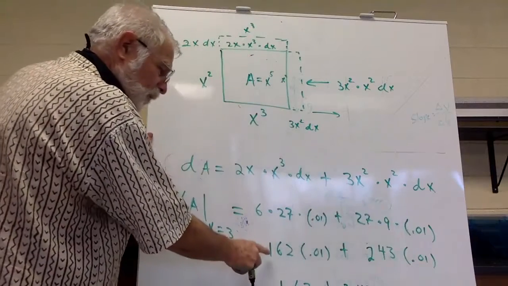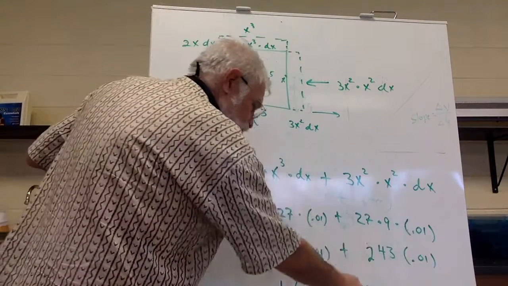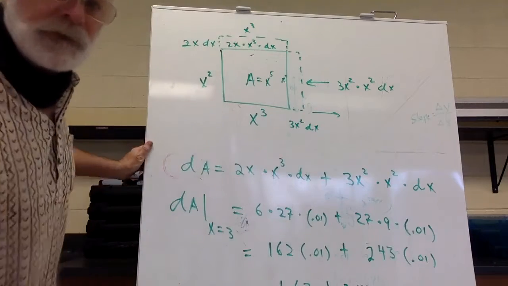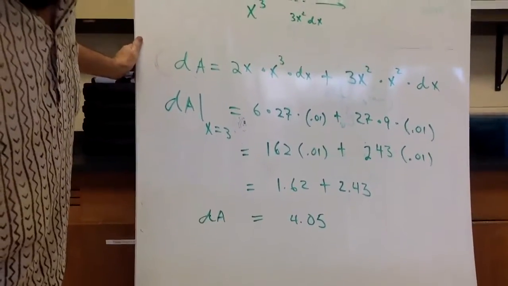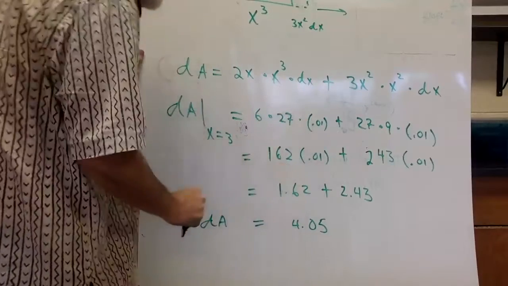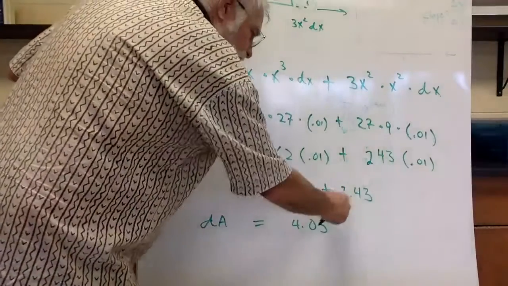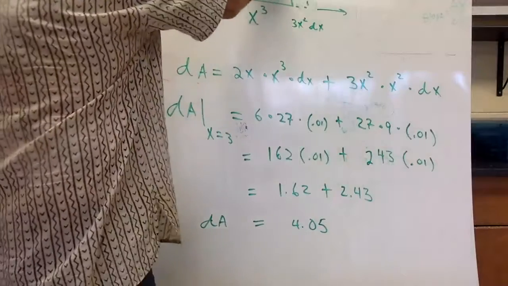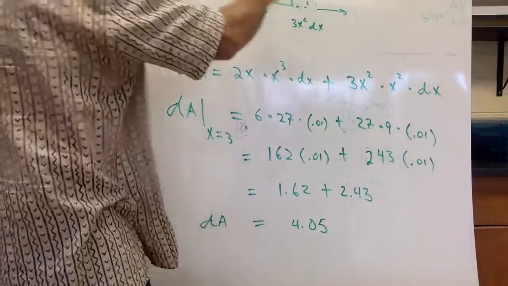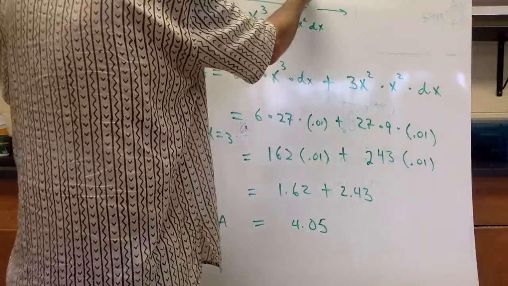I get the 1.62, I get the 2.43, the 4.05, and that's the change in area. Okay, way down here. So I get 0.01 times that, which is 1.62. I do the math there. I get 2.43. So this is really 1.62 when x is 3, and this is 2.43.